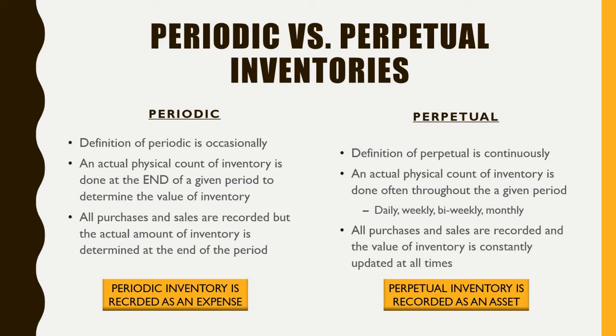The huge difference between periodic inventory and perpetual inventory is that when we make purchases of inventory, we automatically treat it as inventory already. When we record the purchases of inventory, we put everything into inventory. We're not going to recognize it as an expense and then convert it into inventory at the end of the month.